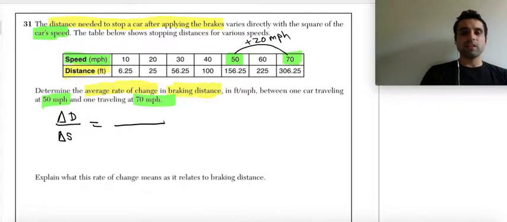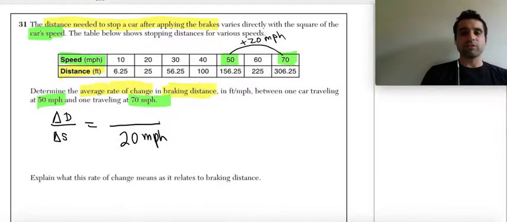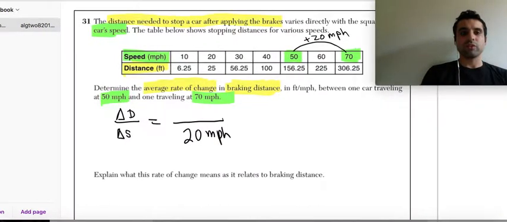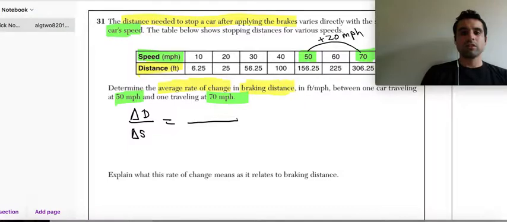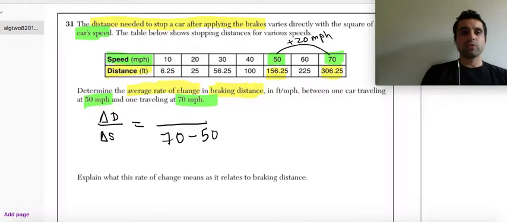So the speed increased by 20 miles per hour. 70 minus 50 is 20, right? If you wanted to show it that way, we could do it that way as well. The 70 minus 50, because that's what I'm going to do on the top. On the top, I want to take the braking distance at 50 miles per hour and 70 miles per hour and see how much that went up by, which you'll see is 150.